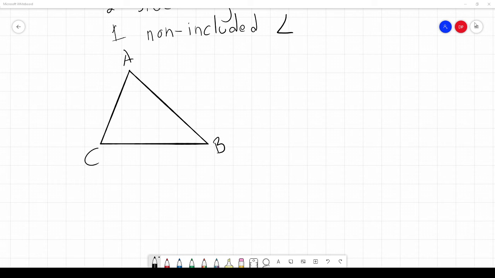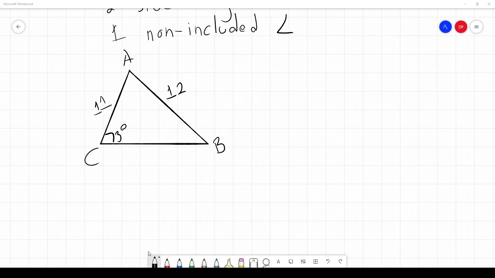We know angle C is 73 degrees, and two of the sides are 11 and 12 units long. So 73 degrees, this is 11, this is 12.